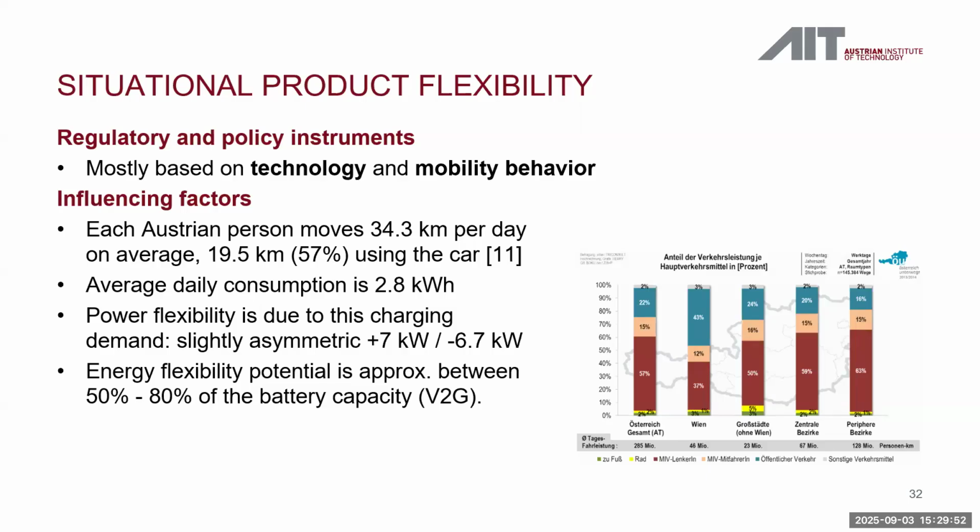And in terms of energy flexibility, we are considering that people will likely want to have at least 50% of their state of charge, and they don't want to charge above 80%, so as not to damage the battery. So this range, like 30%, is the average energy flexibility an EV can provide. So next one.